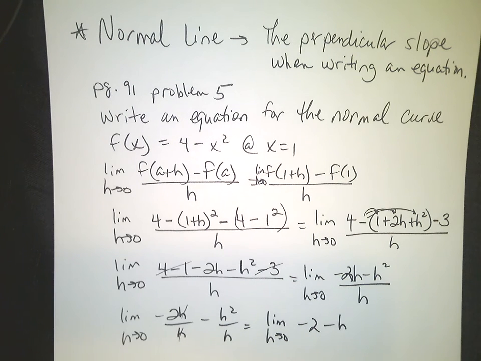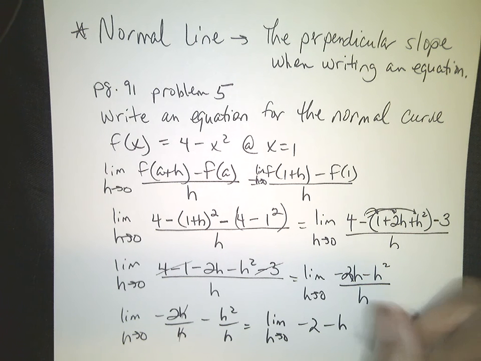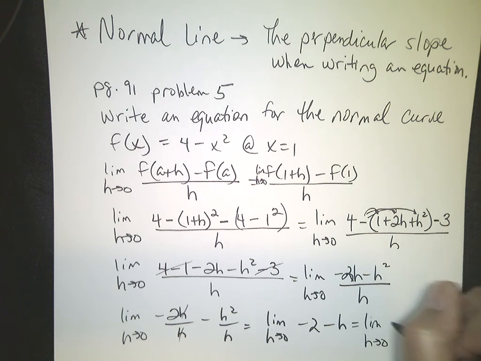All right, so now we can plug in our 0, because plugging in 0 here will not give us an undefined answer. So we get the limit as h approaches 0 of -2 minus 0, which is -2.